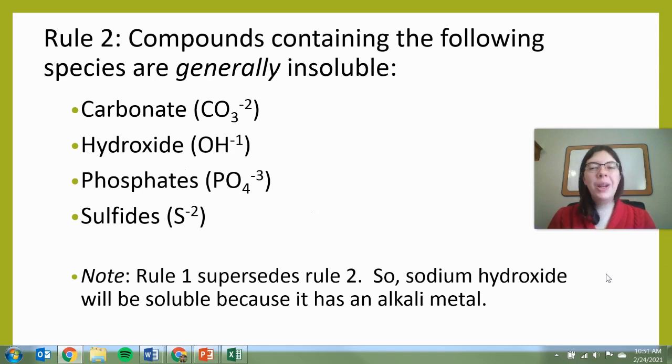One thing I want to note is that Rule 1 supersedes Rule 2, meaning if you have something from Rule 1, it's going to be soluble, even if you have one of these Rule 2 species. For example, sodium hydroxide has sodium, which is an alkali metal, and hydroxide, which is a Rule 2 compound. Even though it has both, it's still going to be soluble because the alkali metal from Rule 1 is more important than Rule 2.